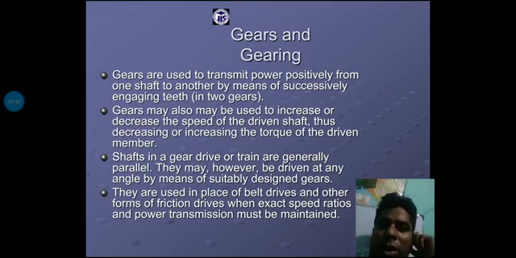Now, gears and gearing. Gears are used to transmit torque or power positively from one shaft to another shaft by means of successively engaging teeth. That is gear.